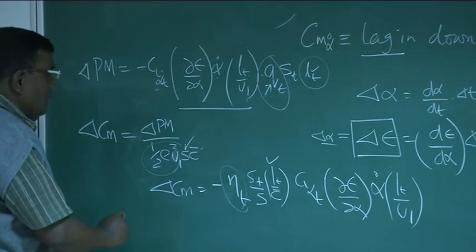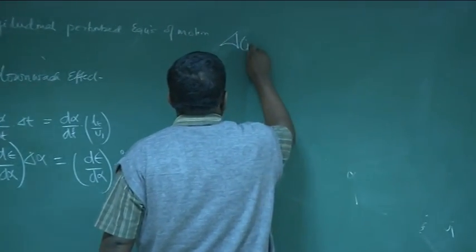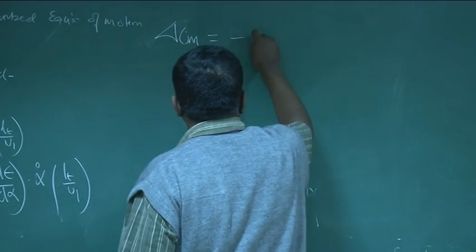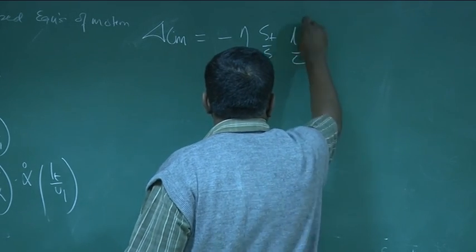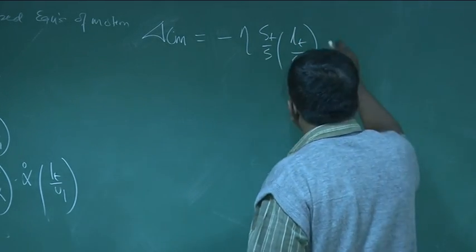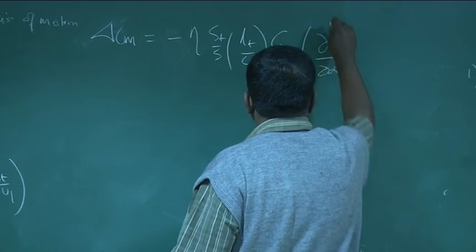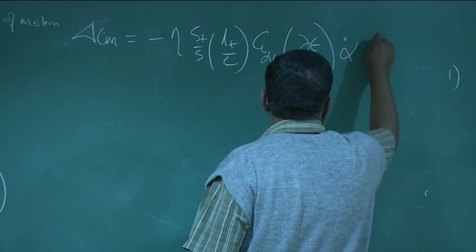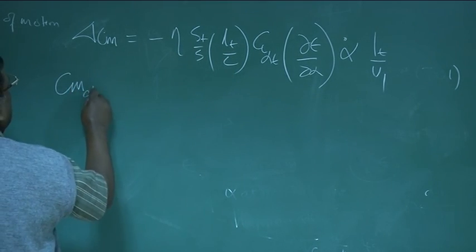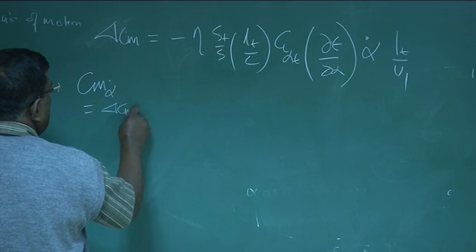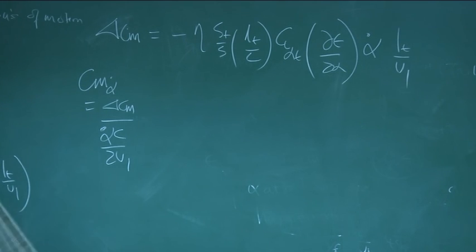Now what is Cm alpha dot? So let us write here. If delta Cm is equal to minus eta t S t by S, Lt by c bar, Cl alpha tail d epsilon by d alpha into alpha dot Lt by u1, then Cm alpha dot is nothing but delta Cm by alpha dot c bar by 2 u1, because we are taking everything linear. So the slope.